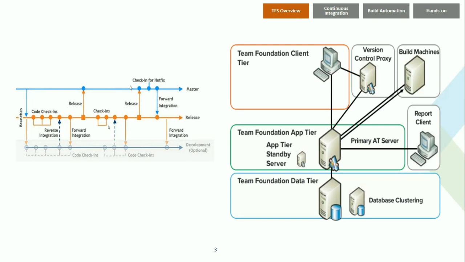TFS works in 3 layers: your database layer, your application layer, which manages the entire application, and the client, which would be used by the users, developers, testers, people like us. The application tier mainly takes care of managing the client and coordinating with the database. I hope we are aware of this concept called agent and controller.